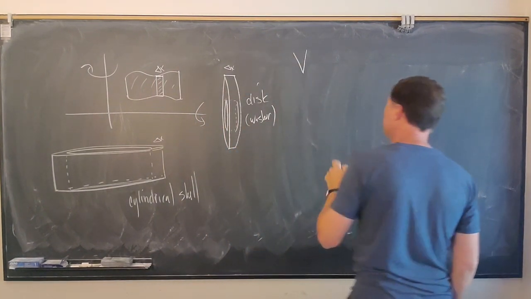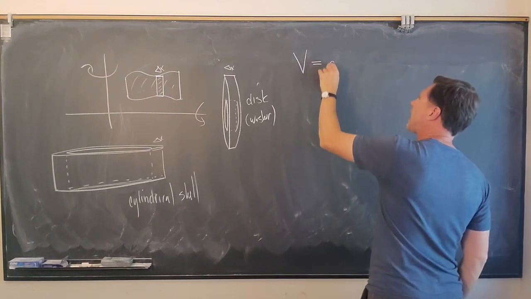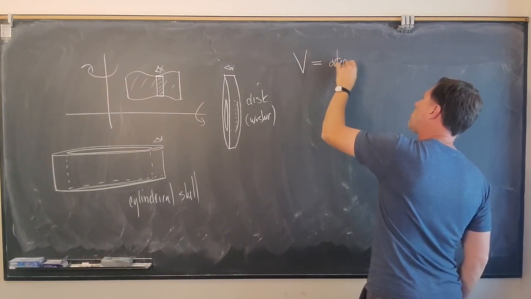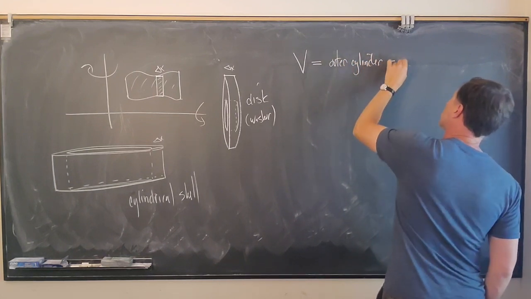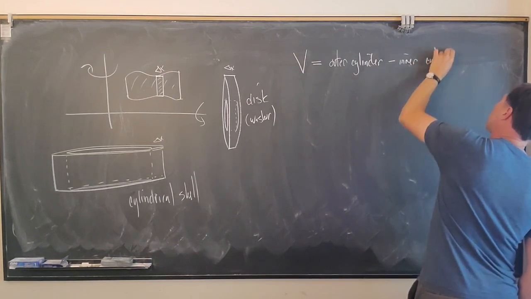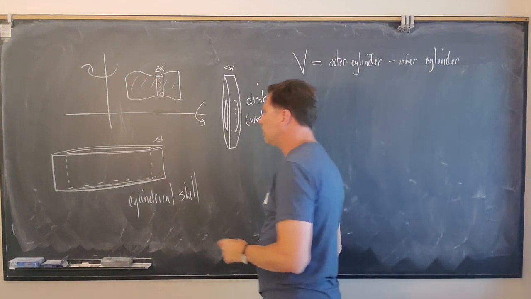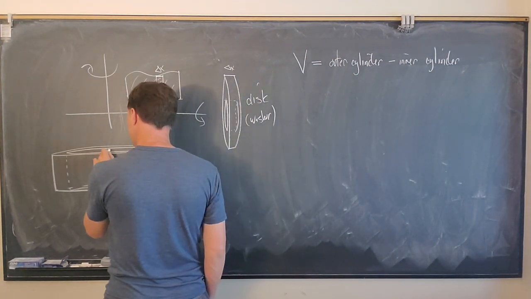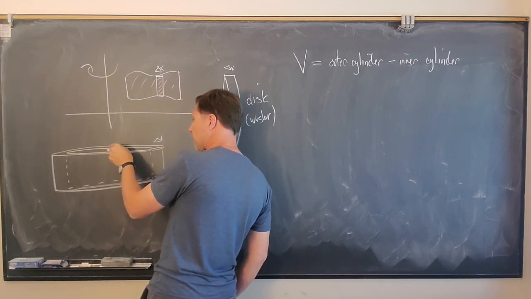The volume of a cylindrical shell is going to be, well, you can think of it as the outer cylinder minus the inner cylinder. So let's see now. Okay, so there's two different radii going on here. So let's take R1 to be the radius.